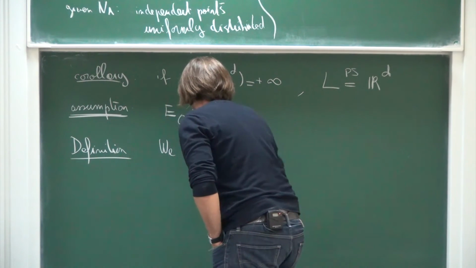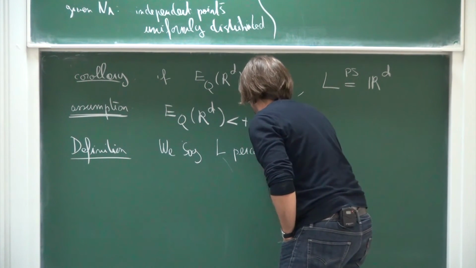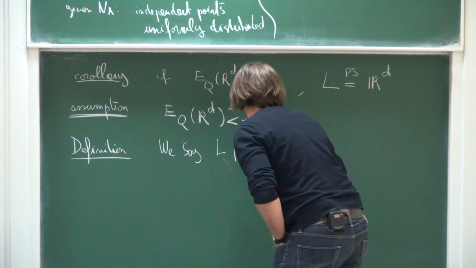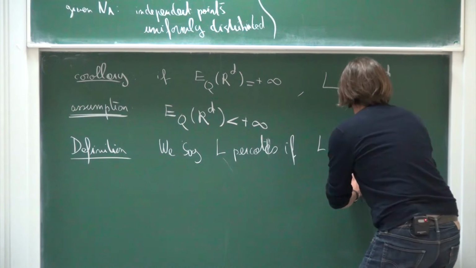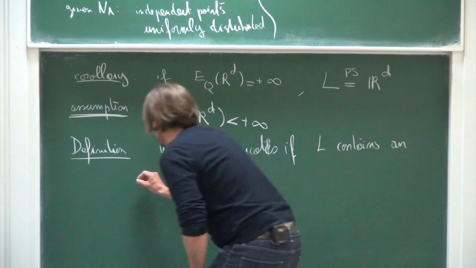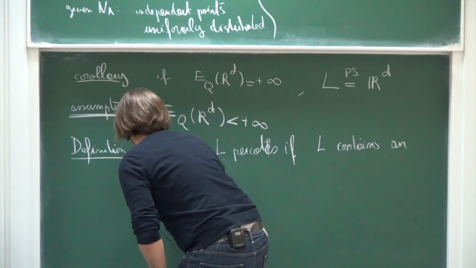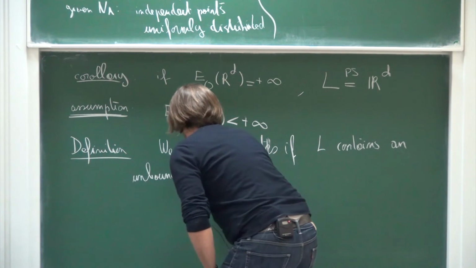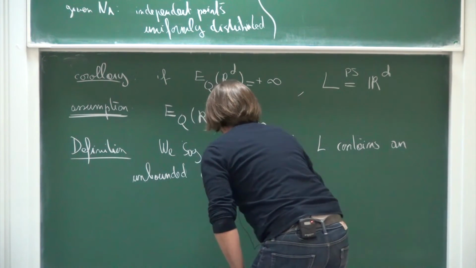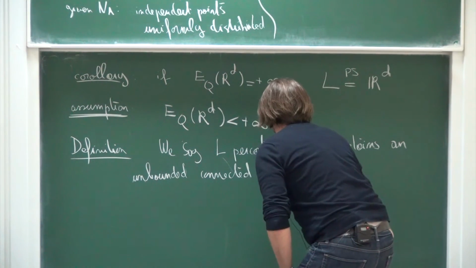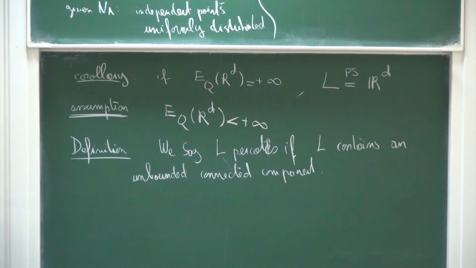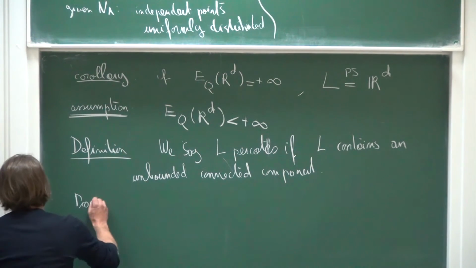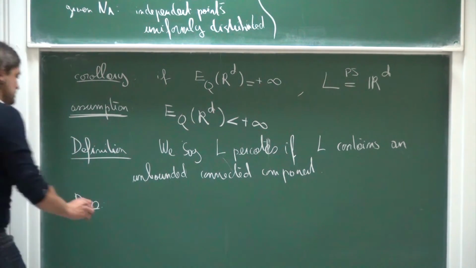We say L percolates if L contains an unbounded connected component. Okay, we have a proposition, not too complicated.